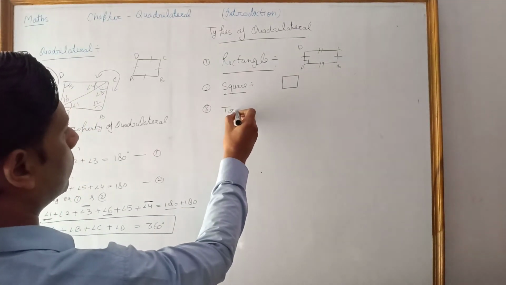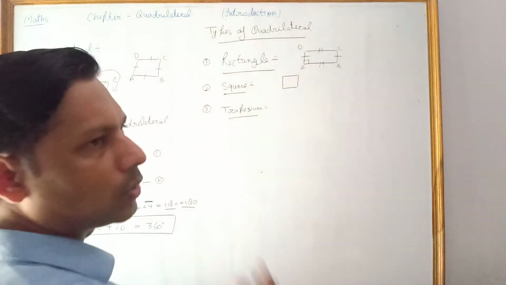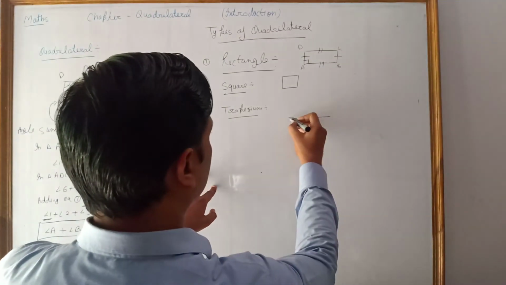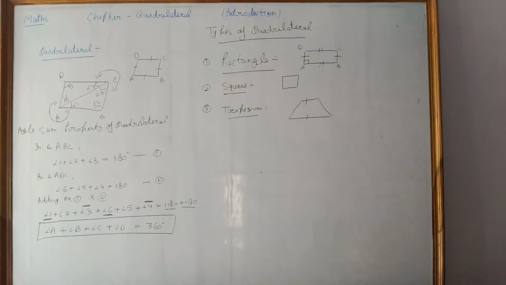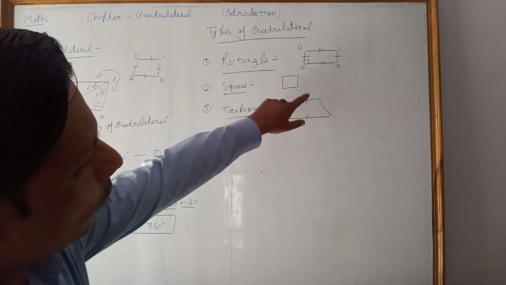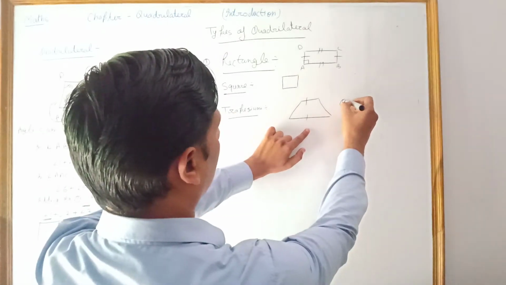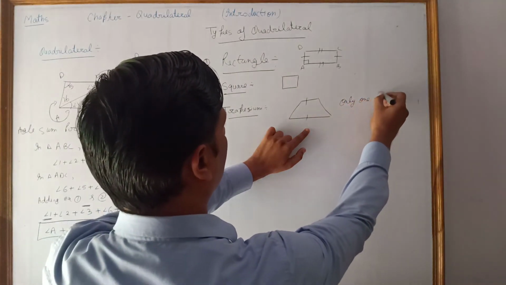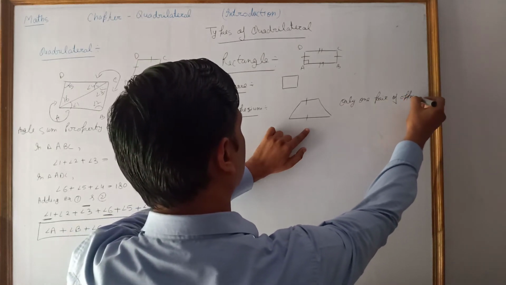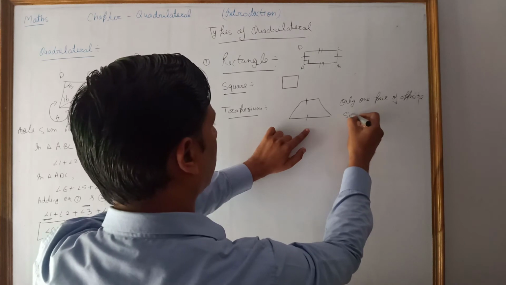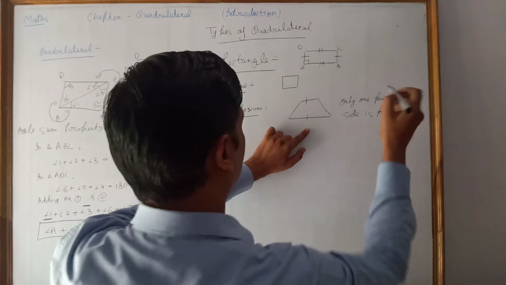Number 3, trapezium. A trapezium is a quadrilateral in which only one pair of opposite sides is parallel.